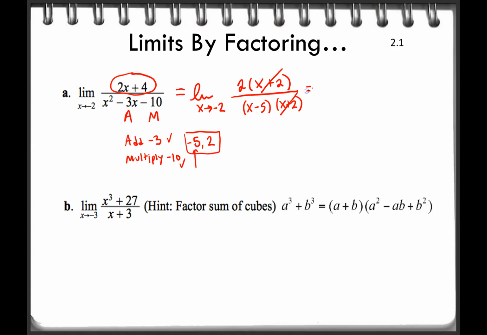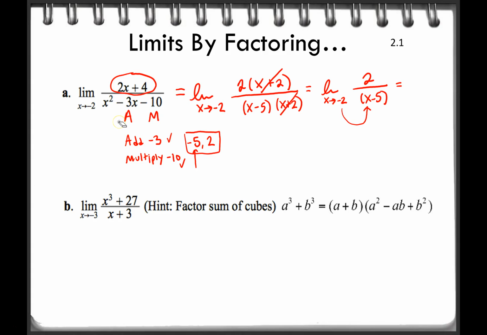And now I'm going to rewrite this as the limit as x approaches -2 of just plain old 2 left in my numerator, and then x minus 5. Okay, now I'm going to plug in -2 because there's no issue now. If I had done that originally, I would have gotten 0 in the denominator, right?